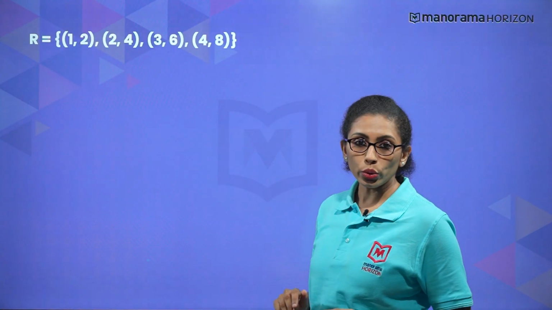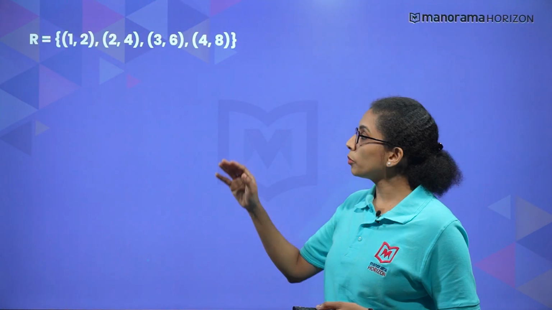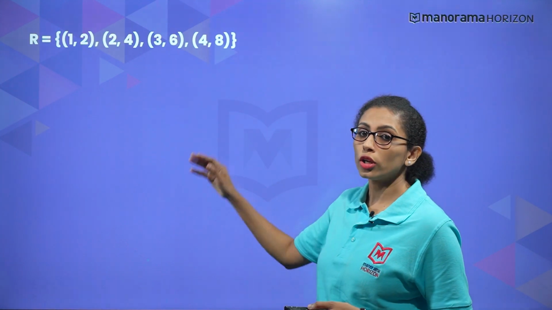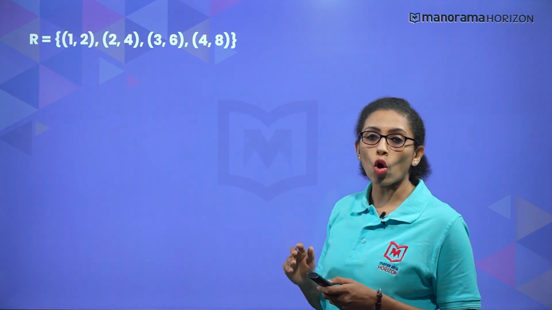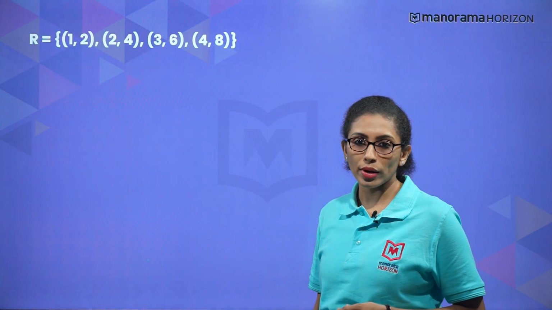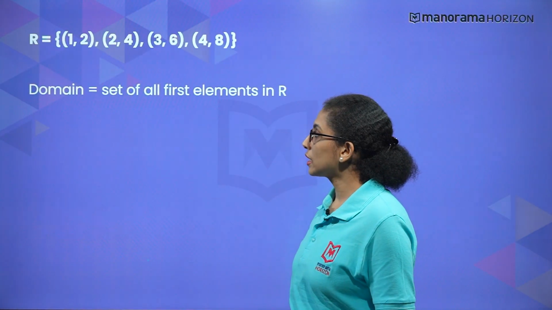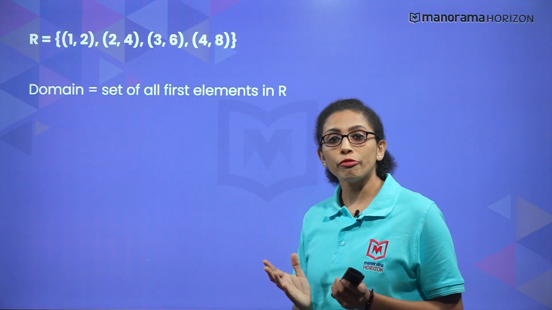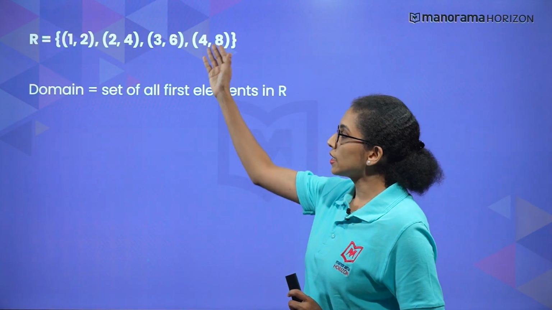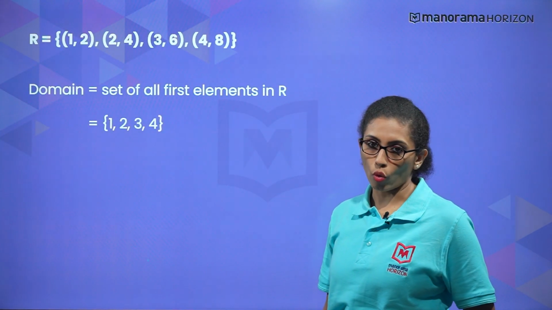Alright? So, the relation is given by R is equal to the set of ordered pairs (1, 2), (2, 4), (3, 6) and (4, 8). Now, coming to the second part of the question, what are the domain, range and codomain? Domain is given by the set of all first elements in the set R. That is given by the set {1, 2, 3, 4}.